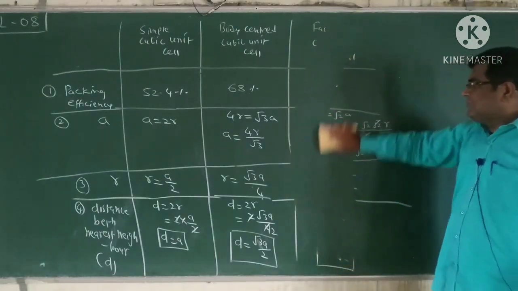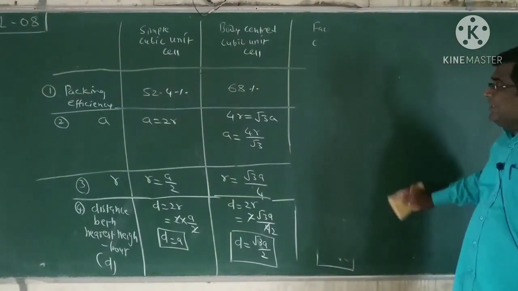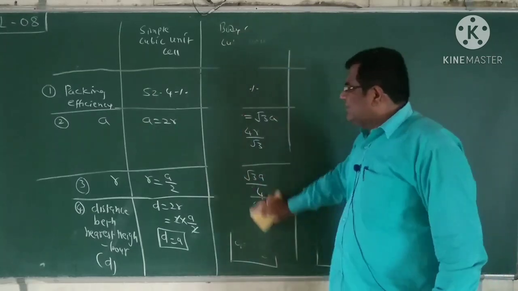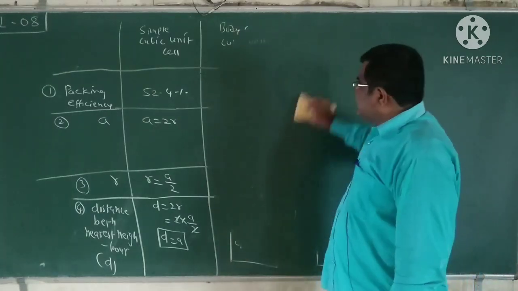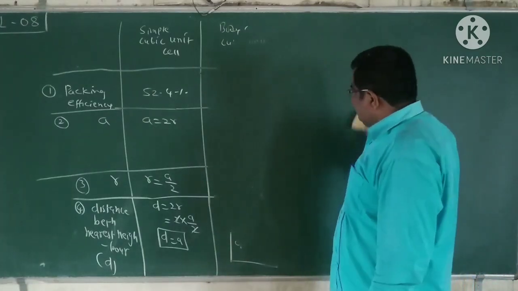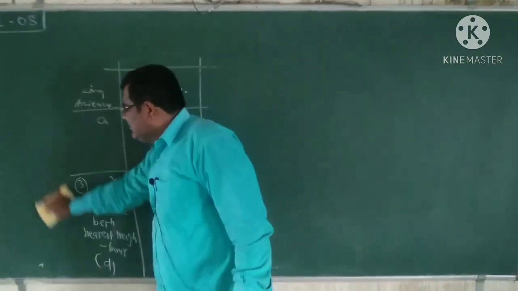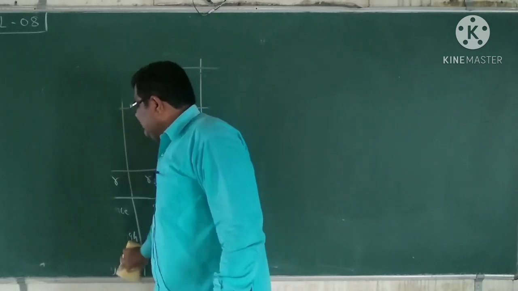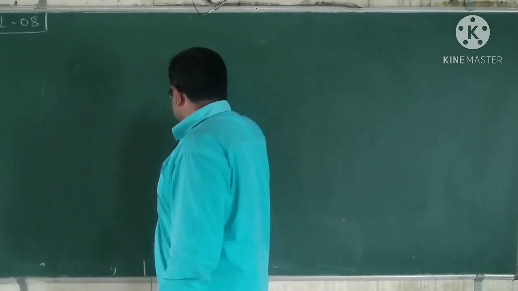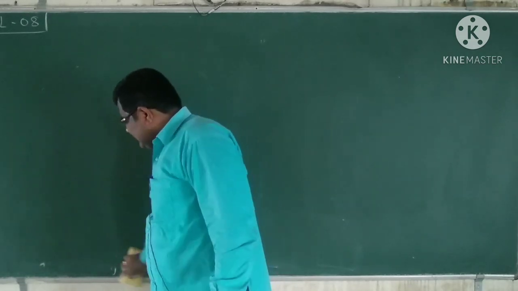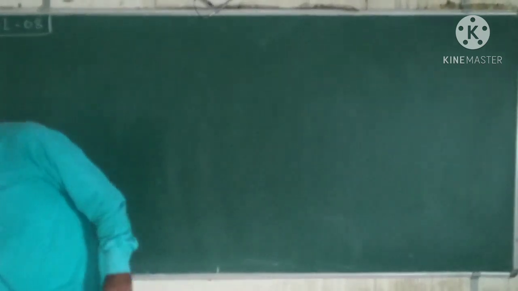Now what we are going to learn now is the density of the unit cell. Because just like the formula of a unit cell is the formula of a substance, the density of a unit cell is the density of that particular crystal. So how to calculate this density?